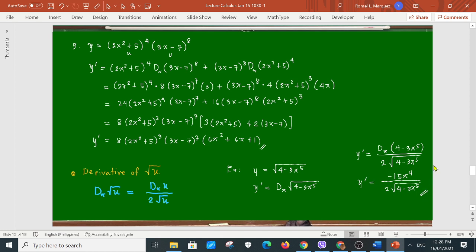Okay, so that's it. You can also get the derivative of the derivative, and the derivative of that again. You can continue getting the derivative because the derivative itself is a function, so you can differentiate it again, as long as it is differentiable.